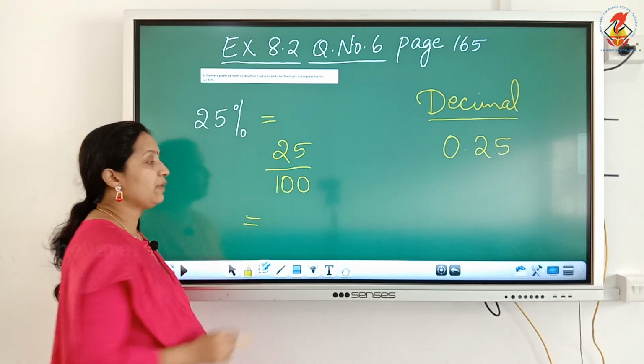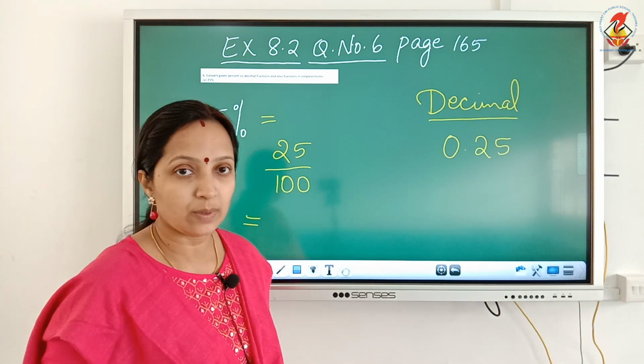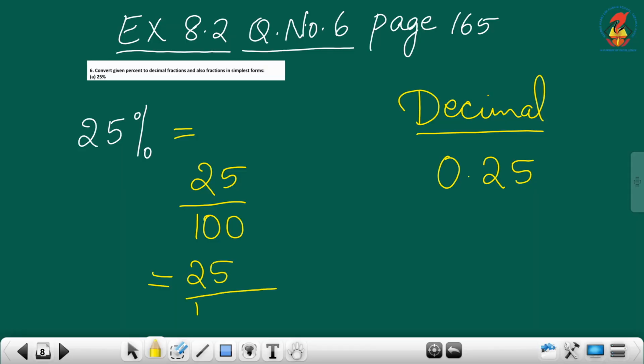That means divide the numerator and denominator by the HCF. What is the HCF of 25 and 100? Divide the numerator and denominator by 25. So what answer you will get? 1 by 4. So we converted the percent into a fraction and a decimal.